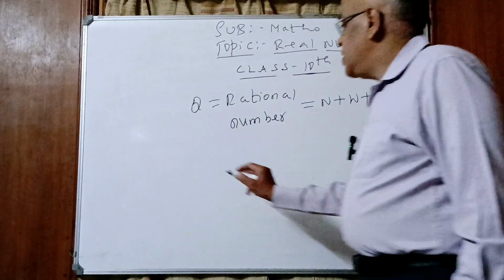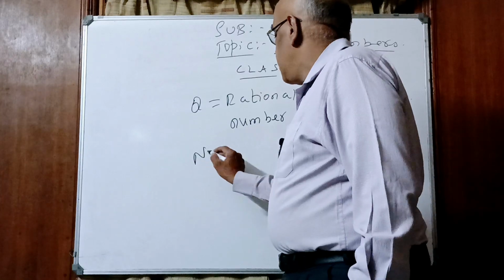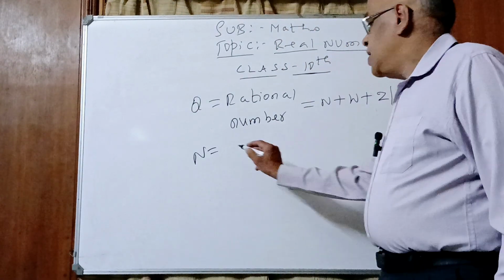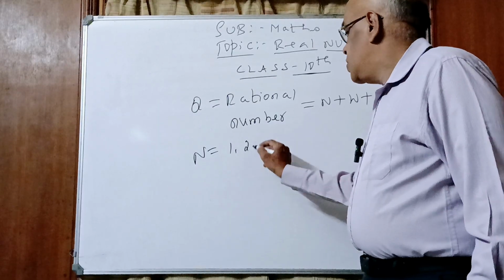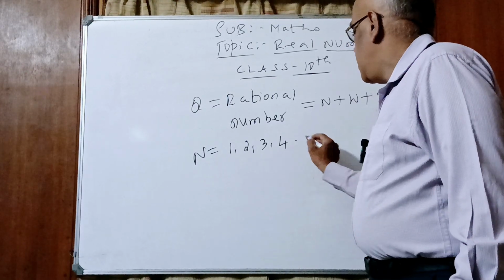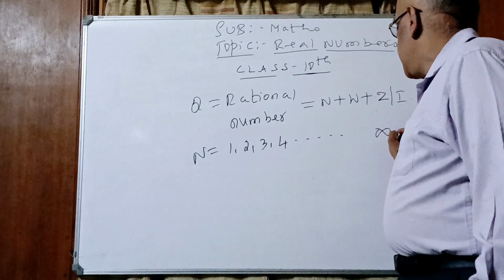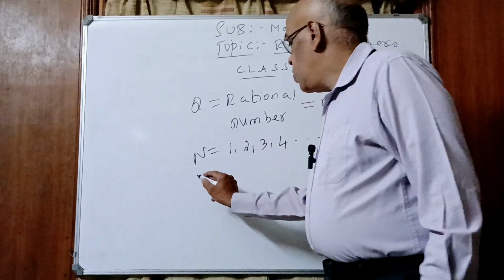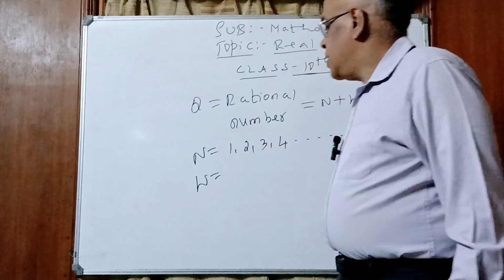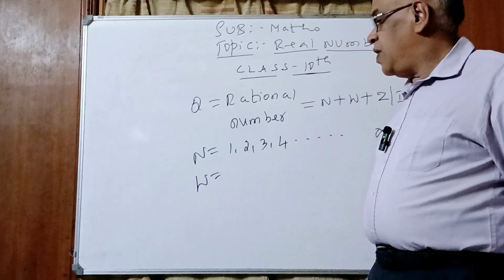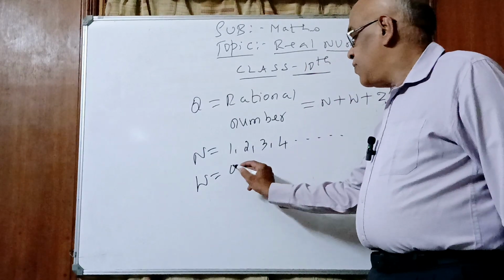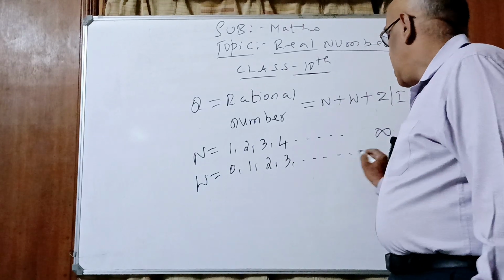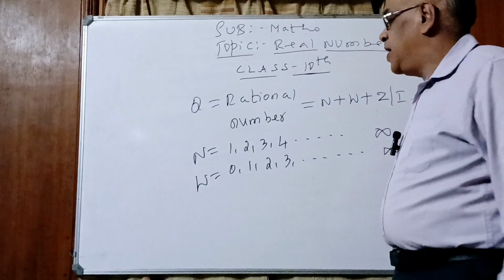Then what is natural number? Natural numbers are set of counting numbers. Set of counting numbers start from 1, 2, 3, 4 up to infinity. Yes or no, children? What are whole numbers? Whole numbers are set of numbers denoted by letter W, starting from 0 and going up to infinity.